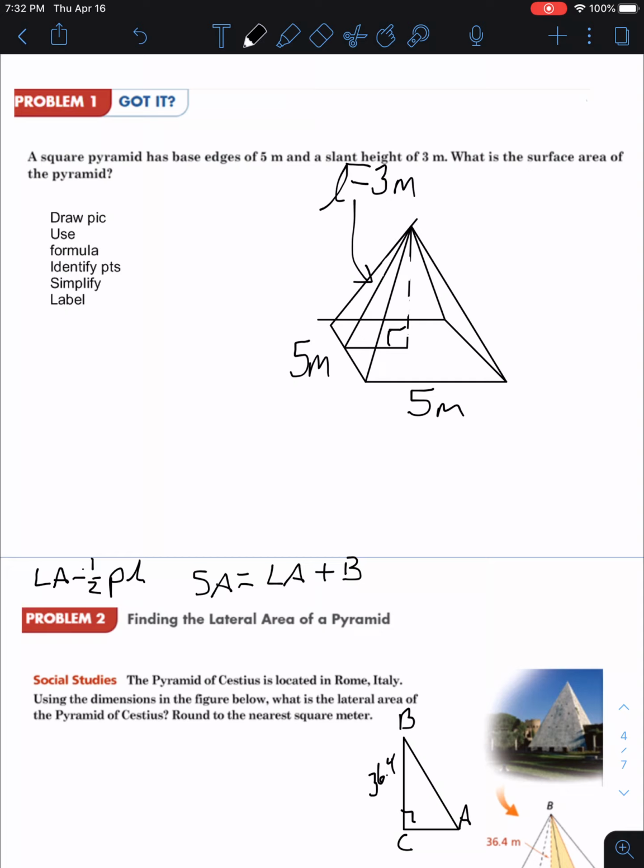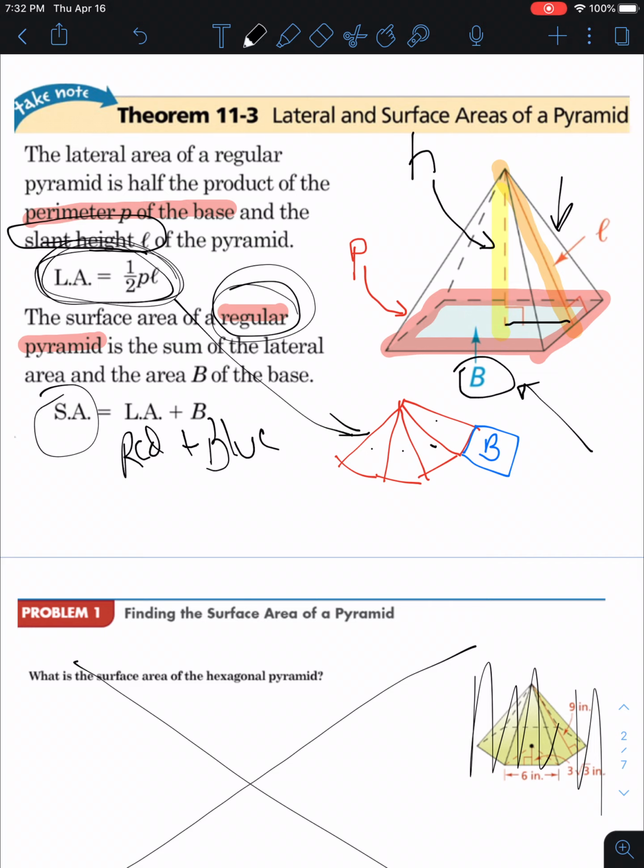Well, to find the surface area, I've got to find the lateral area as well. So remember that our lateral area is 1/2 times perimeter times L, as the formula said on the last screen. Back up a little, and there it is. LA is 1/2 times PL.